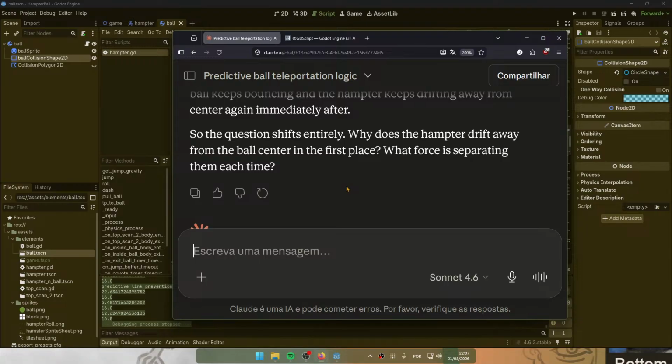Why does the hamster drift away from the ball center with speed versus separating them each time?